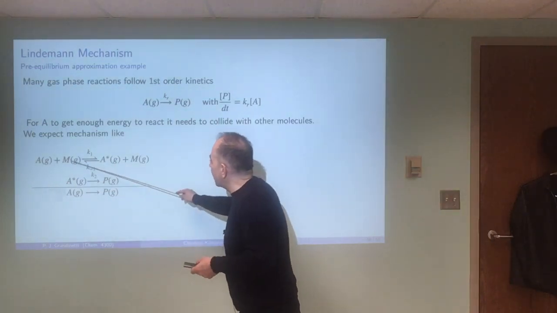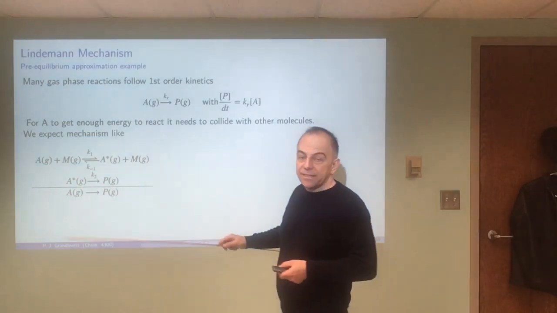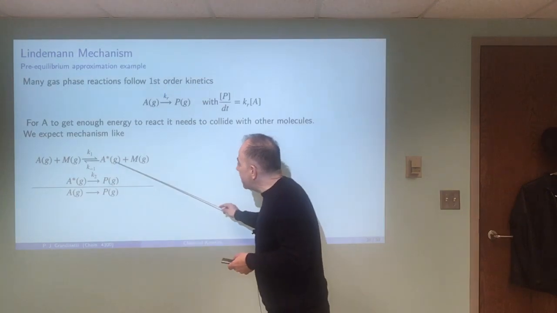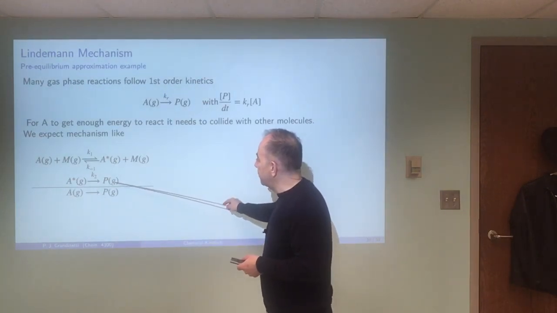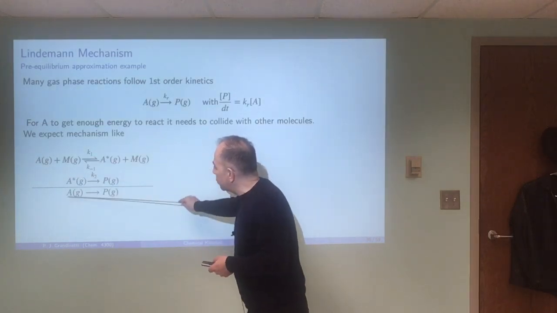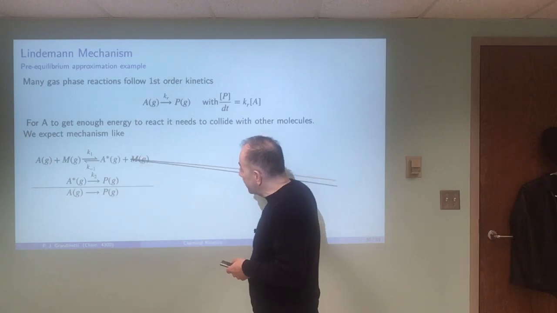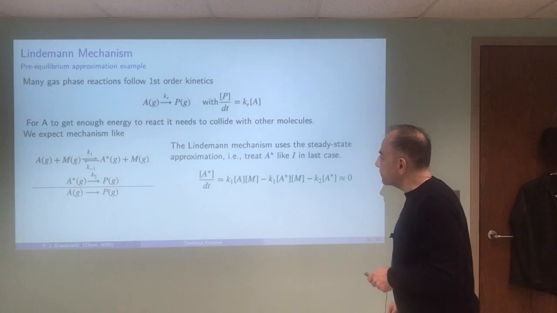And so it will collide with that other molecule, putting A into some excited state, and then A in the excited state will have the energy it needs to transform into the product. So when you add up these two steps, you get the overall reaction. But this reaction is a two-step process.